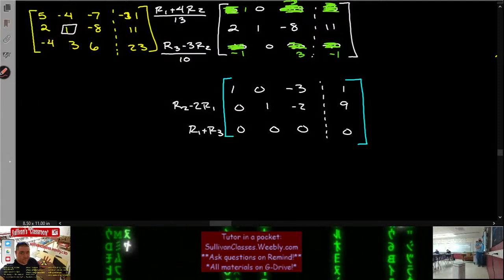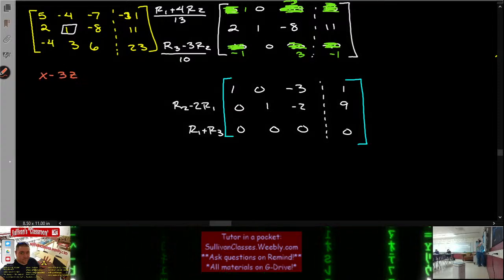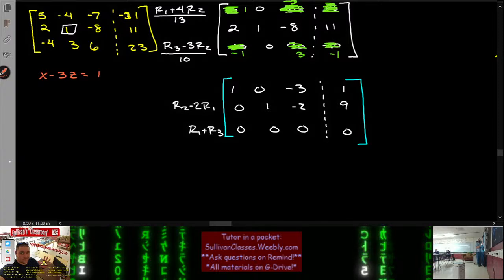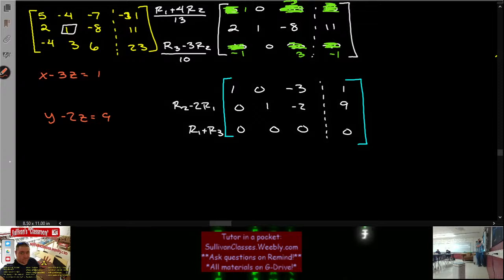So now I'll come out of the matrix and say what these actually stand for. That's X minus 3Z is 1. That's Y minus 2Z is 9.